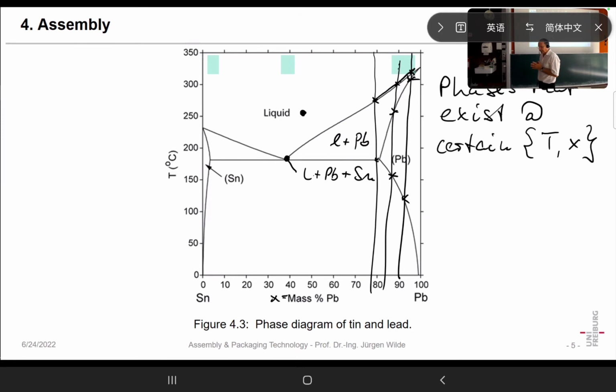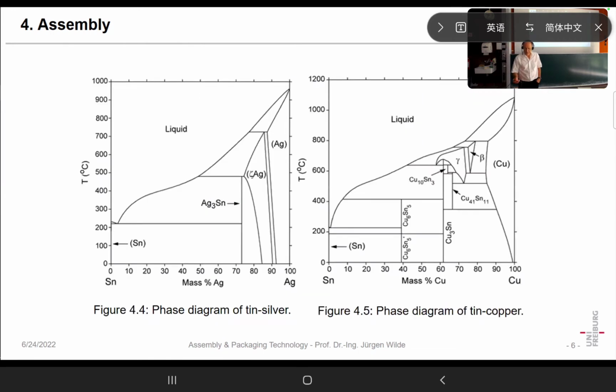The phase diagram gives us the information, and in that way, when we go to a certain composition, we can expect which phases are there. For instance, when we go in here, we have tin plus lead. Or when we go here, we are on the tin-rich side.